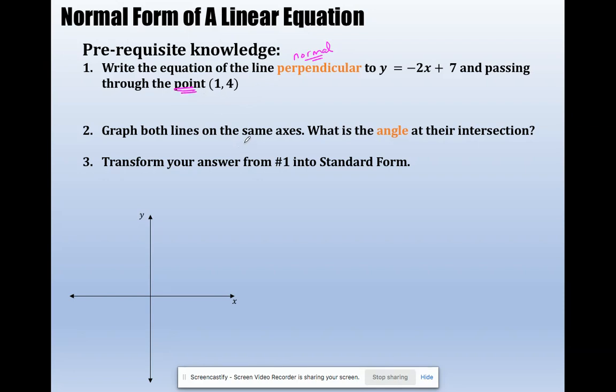We are considering a particular point. So here is a line that is not in standard form, by the way. This is in slope y-intercept form, right? But I pass through the point (1, 4). You did this in Algebra 1. We did this in AAF. So negative 2x plus 7. Here's the y-intercept of 7. This slope is negative 2 over 1.